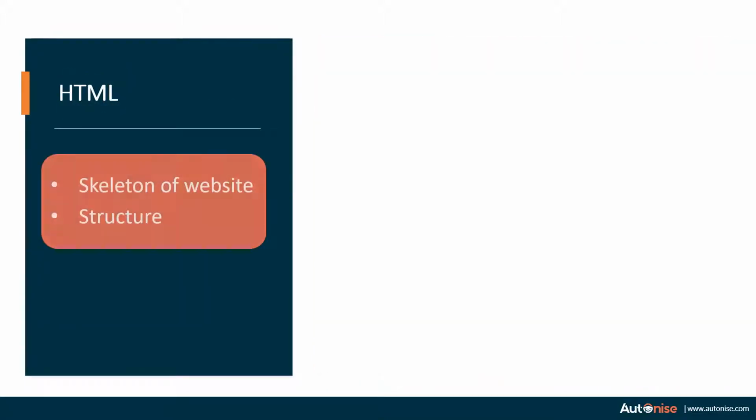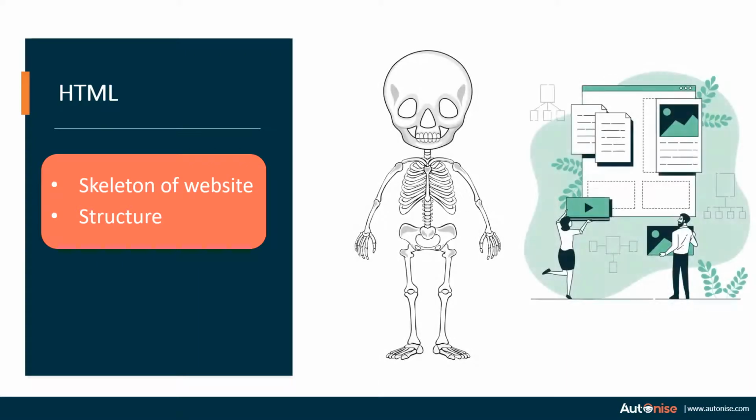HTML. HTML decides the skeleton of the website and the structure. So, where the components are placed and what type of component it is determined by HTML, which stands for Hypertext Markup Language.